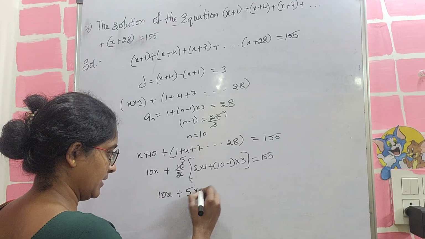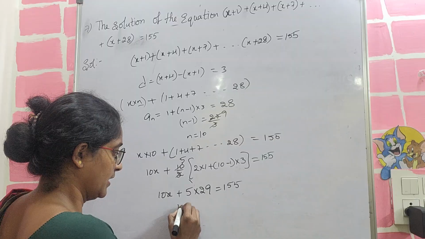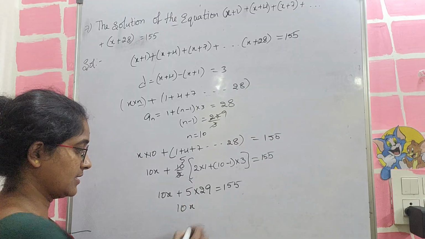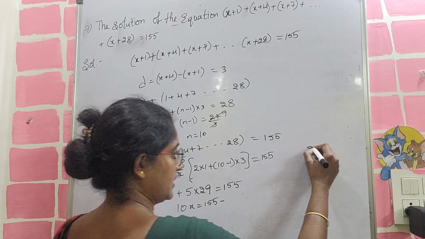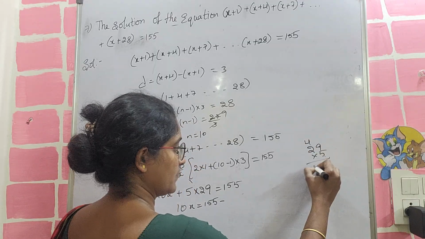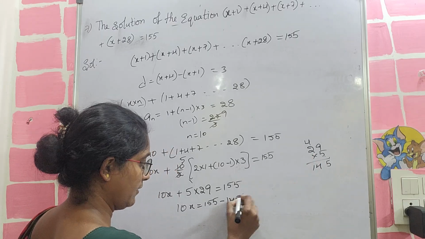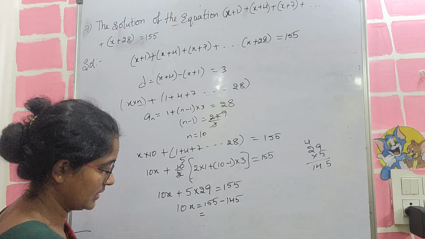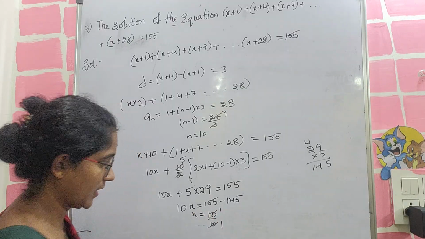So it's 29 here, equal to 155. So 10x is equal to 155 minus 145. If I subtract this, how much am I going to get? 10. So x is equal to 10 by 10, which is 1.